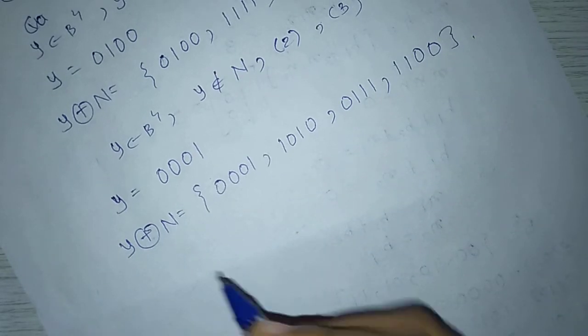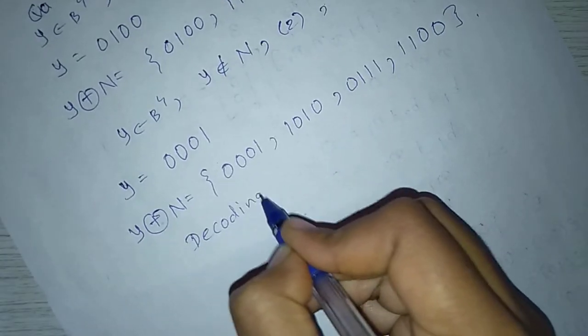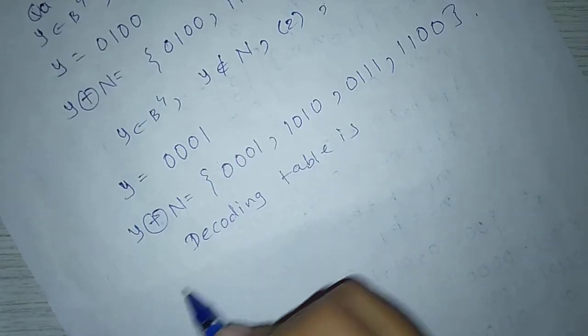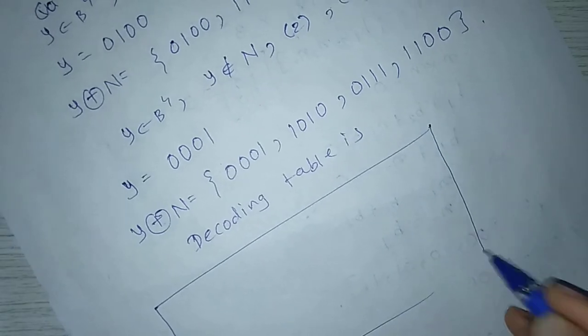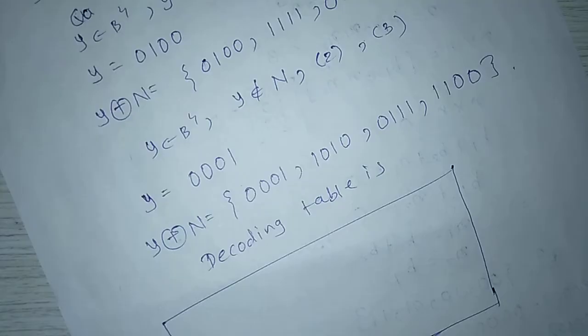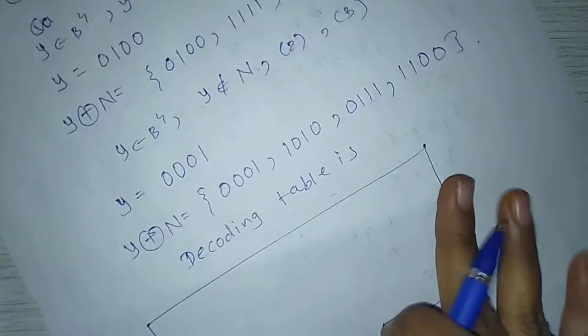Now the decoding table. B raised to 4 contains 2 raised to 4 elements, meaning 16 elements. Here we calculate 16 elements, 4 into 4 is 16.